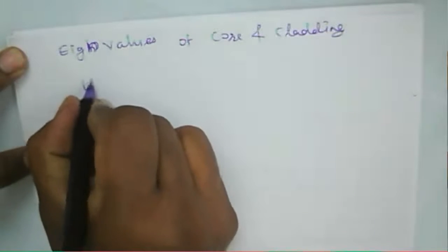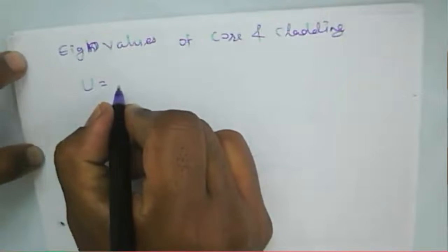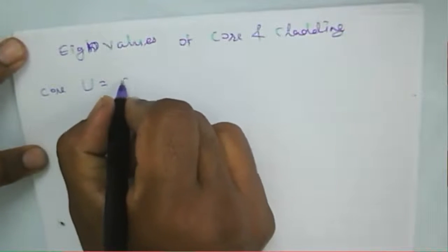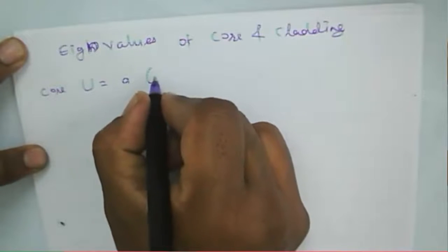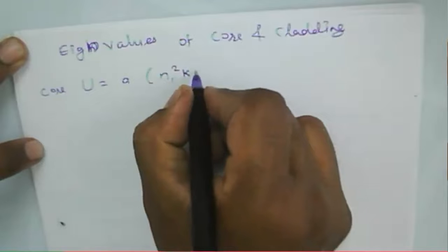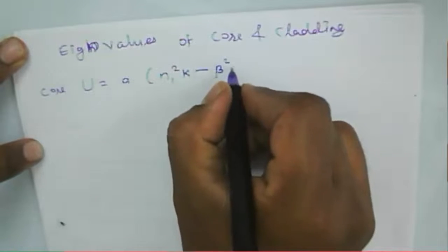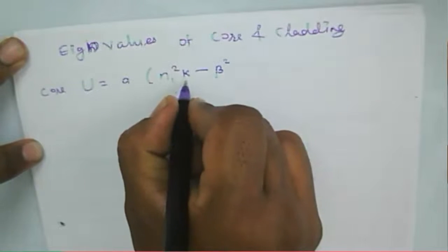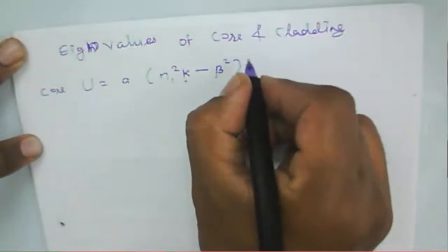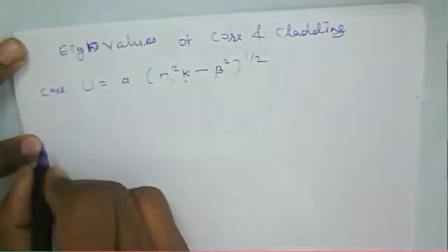For the core, we say U here, and that depends upon the radius of the fiber and the refractive index. Then k is nothing but the wave number here, and the phase constant beta, square raised to 1 by 2.